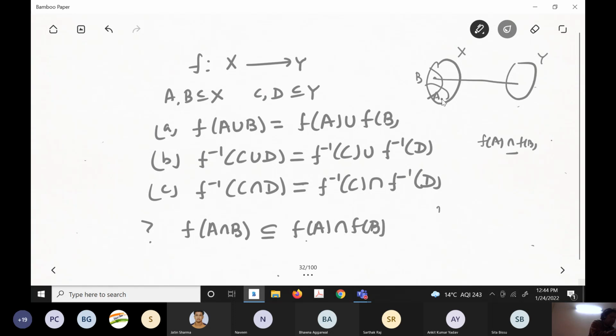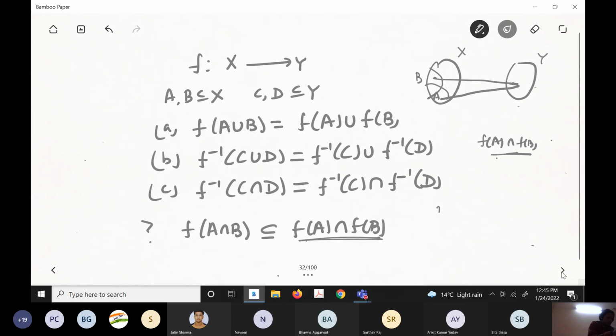Here I am taking different points. That will be in f(A), and if it is not 1 to 1, it will be in f(B) as well. So it will be in the intersection of the images, but it is not in the image of the intersection, so it is a superset. Be careful. For the inverse, you do not have a problem: it preserves both union and intersection. But in the straight direction under f, intersection is not preserved. That's the example here. But if it is 1 to 1, it will hold.